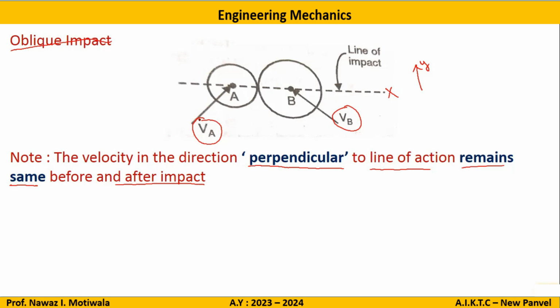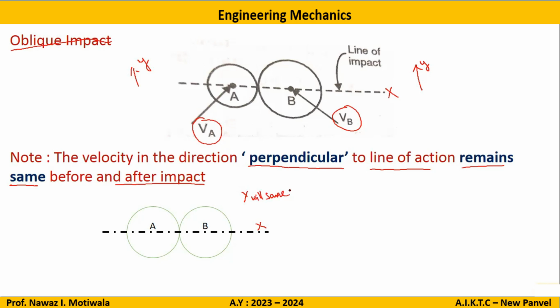That means the velocities in y direction, the velocities of both the balls in y direction will be same before and after impact. So if I consider the case like this, when the line of impact is along x-axis, here I will say that velocities along y direction will be same before and after impact.